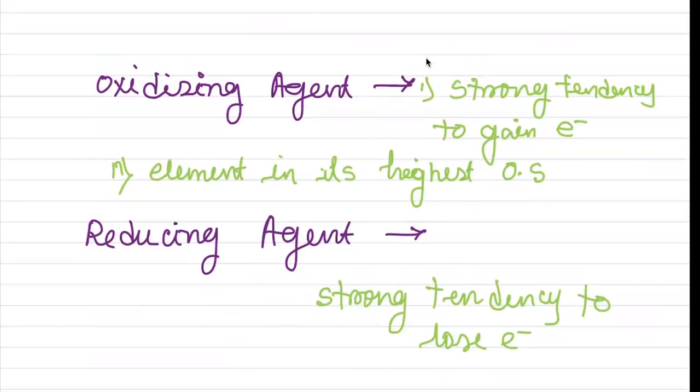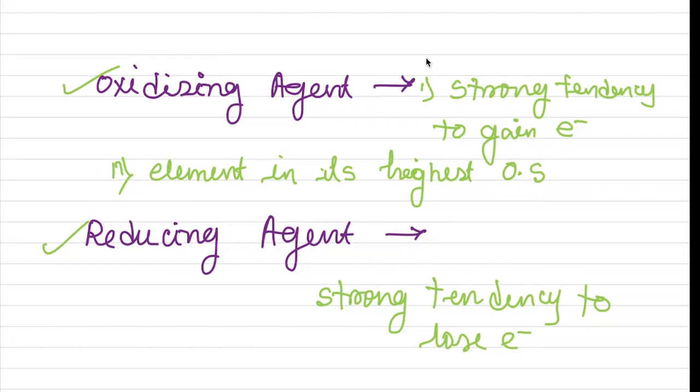Now, oxidizing agent and reducing agent. Oxidizing agents have a very strong tendency to gain electrons, whereas the oxidizing agent will have its highest oxidation state.